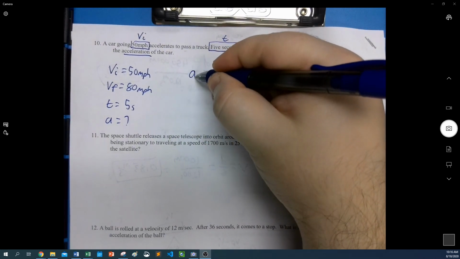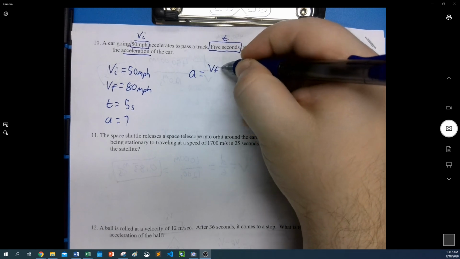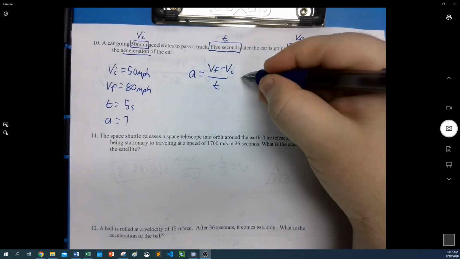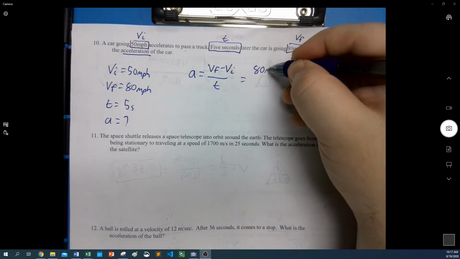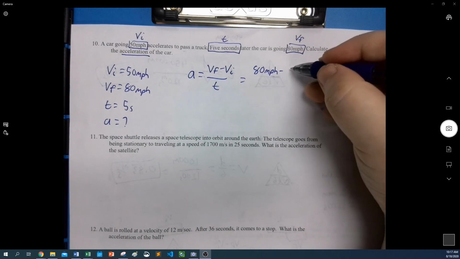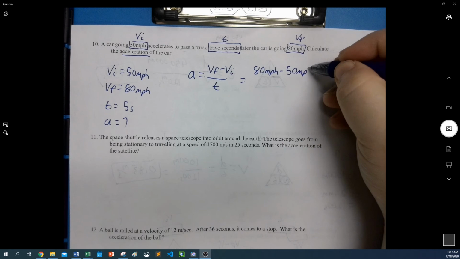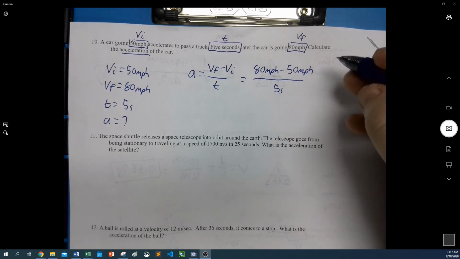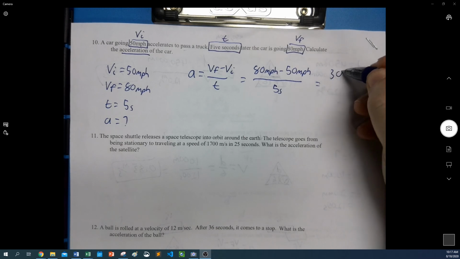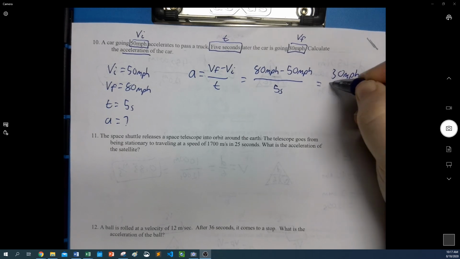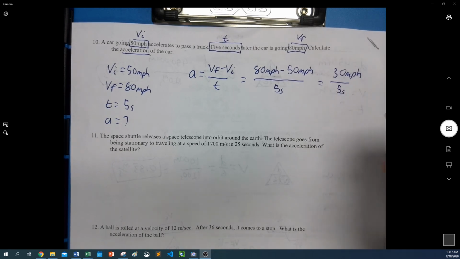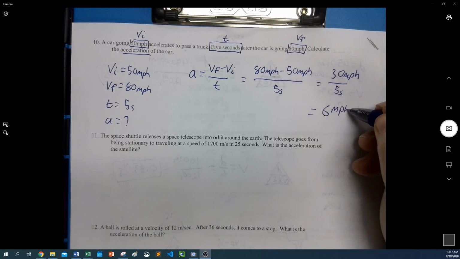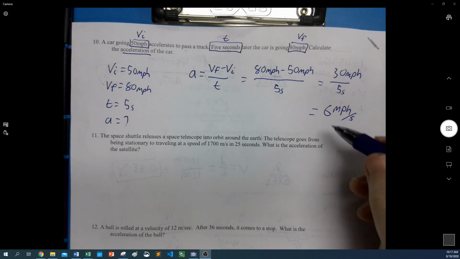So acceleration is VF minus VI divided by T. That would be 80 miles per hour minus 50 miles per hour divided by 5 seconds, which would be 30 miles per hour divided by 5 seconds, which is 6 miles per hour per second.